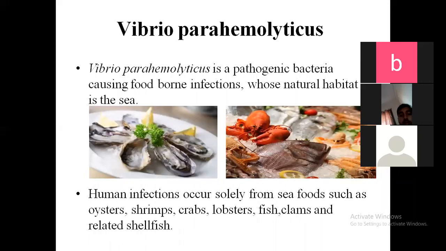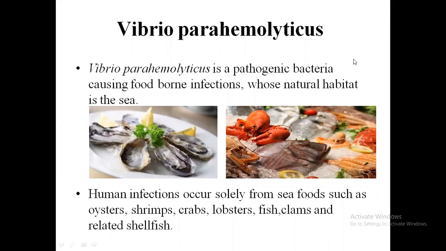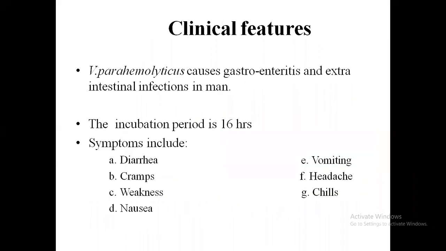And Vibrio parahaemolyticus is also a pathogenic foodborne bacterium. It comes mainly through the sea, where fish is one of the sources. In humans it occurs mainly from seafoods such as oysters, shrimps, crabs, lobsters, fish, clams, and related shellfish.